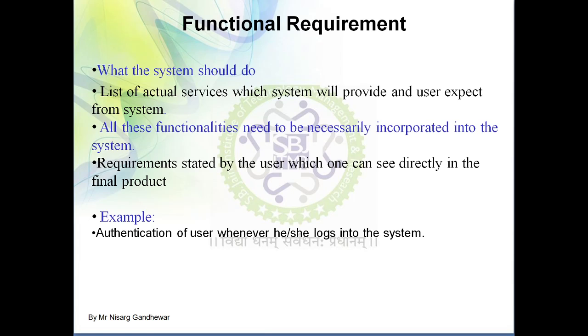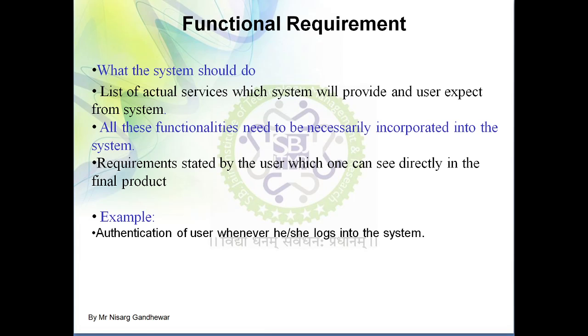All this functionality needs to be necessarily incorporated in the system. For a particular software, functional requirements are those which must be there, the requirements stated by the user which one can see directly in the final product. Let's take a simple example: authentication of a user whenever she logs into the system.